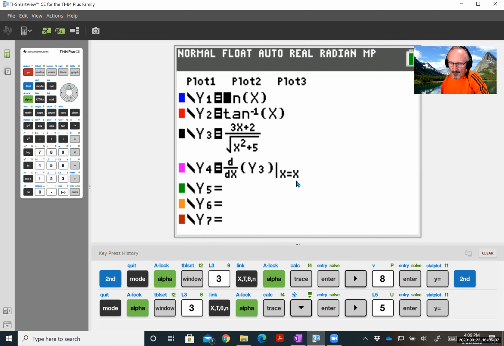So in essence, what I have here in the equation editor under y sub 4 is the derivative of our function.